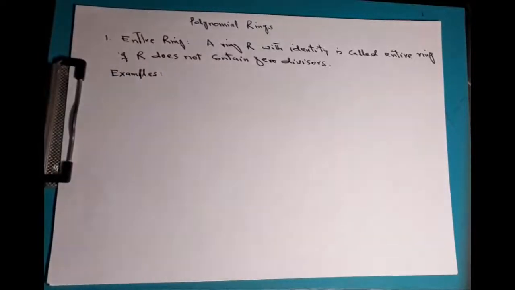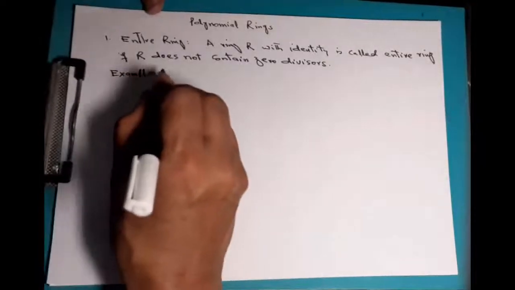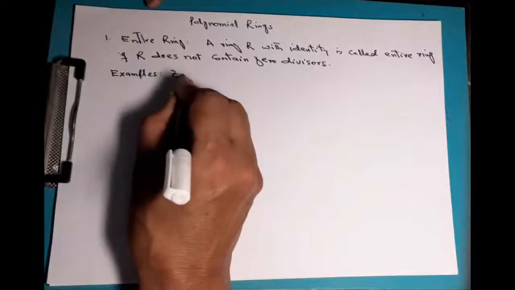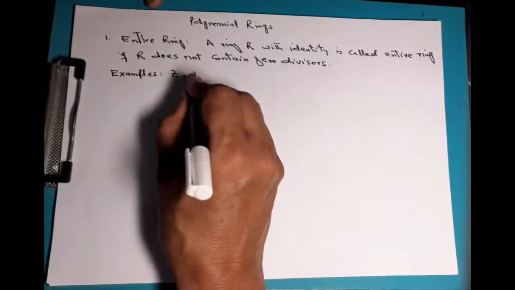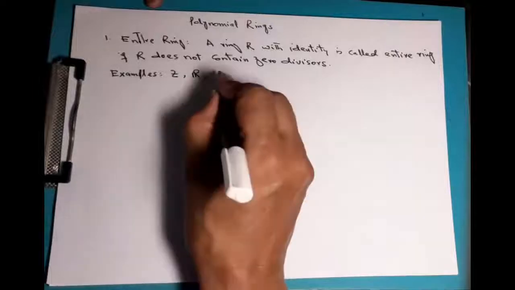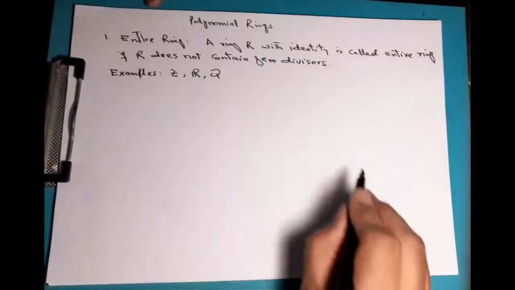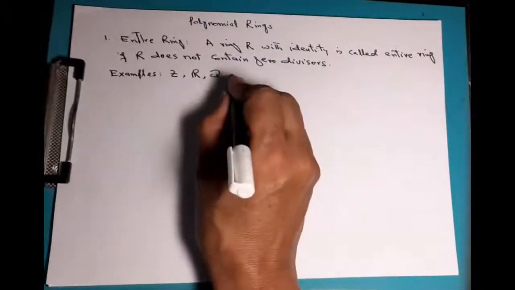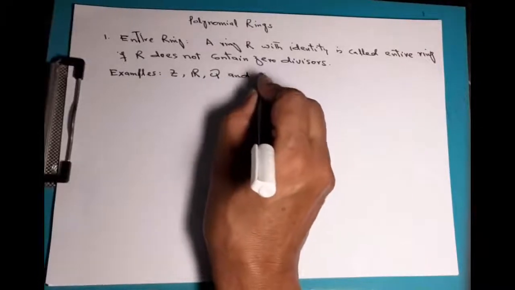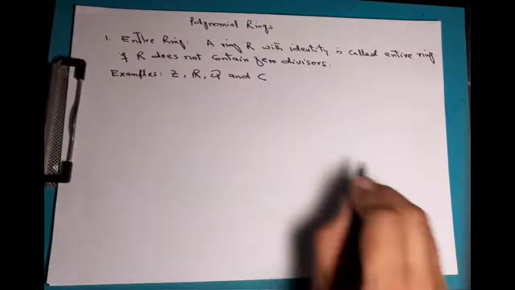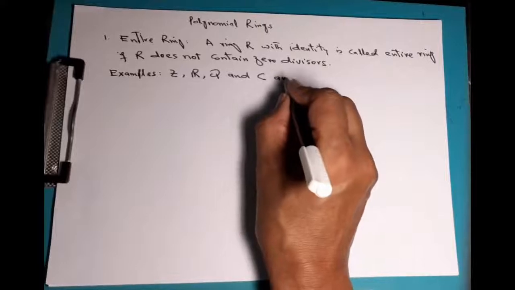And examples are, we know that the ring of integers does not contain zero divisors. Ring of real numbers does not contain zero divisors. So examples are Z, the ring of integers, R, the ring of real numbers, Q, the ring of rational numbers, and C, the ring of complex numbers. These are entire rings.